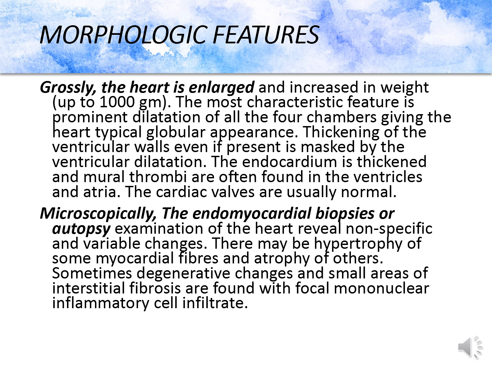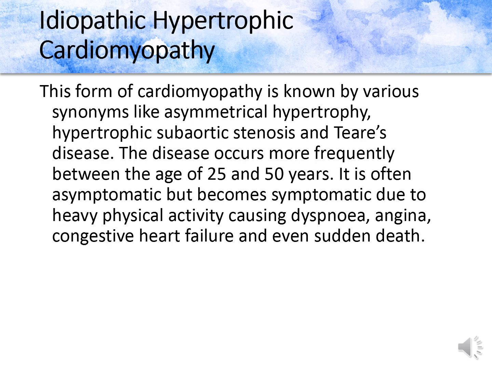There may be hypertrophy of some myocardial fibers and atrophy of other fibers. Sometimes degenerative changes and small areas of interstitial fibrosis are found with focal mononuclear inflammatory cell infiltrate.